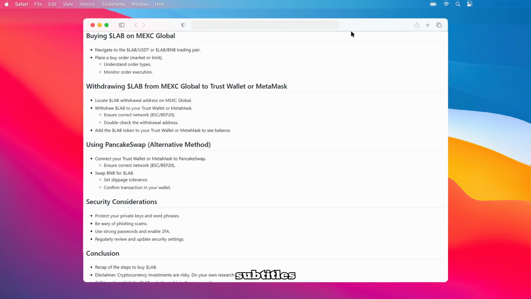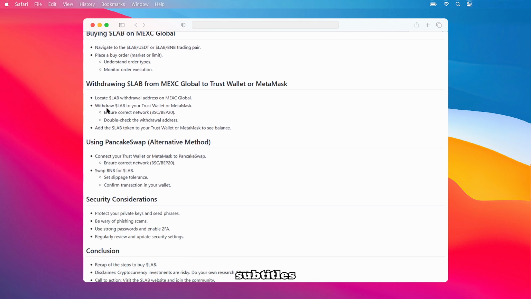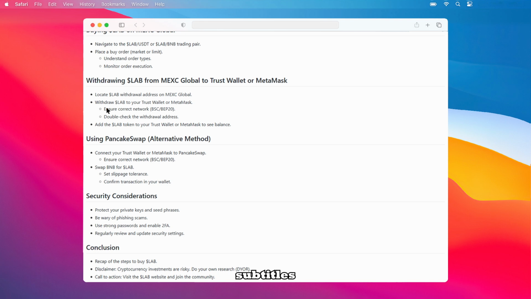It's absolutely crucial that you ensure you're using the correct network during this process, which should be the Binance Smart Chain, or BSC, also known as BEP20. And before finalizing the withdrawal, always double-check and triple-check the withdrawal address to avoid any potential loss of funds. Finally, after the transaction is complete, you might need to manually add the $LAB token to your Trust Wallet or MetaMask in order to actually see your token balance reflected in your wallet.